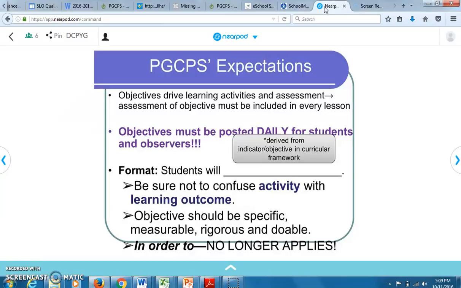I'm going to talk about that a little bit too. Objectives. The biggest thing to really remember is the objectives should be measurable, rigorous, and doable. Okay? So the bold and major focus is always measurable. If your objective isn't measurable, then you're going to get either a proficient or a basic, at least for those two. If it's just measurable, pushing to the proficient and distinguished each time, we're going to get to that in a second.